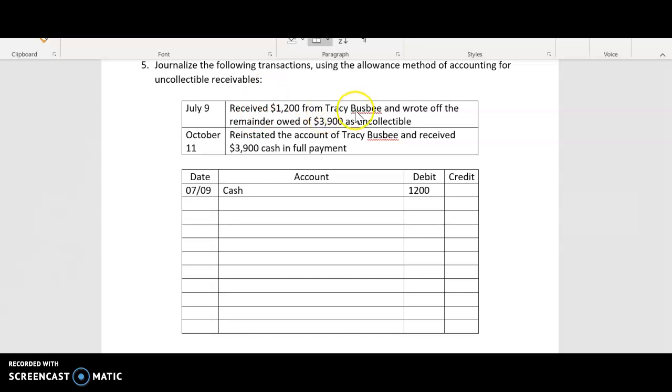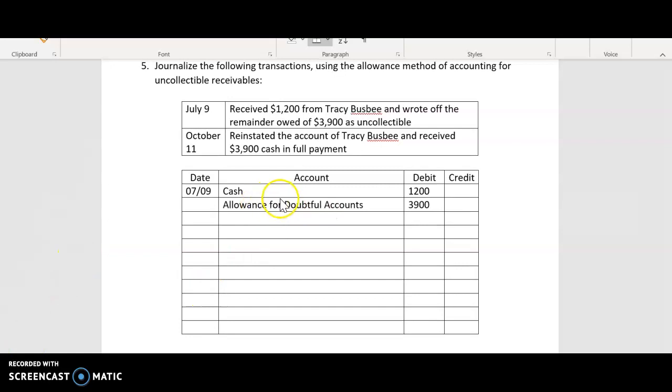We received $1,200 from Tracy Busby, and we're using the allowance method. So we're going to debit cash still for $1,200 because we received cash. But for the amount that we're going to write off, we're going to debit the allowance account. So we're going to use up some of our bucket here. So we'll still get rid of our accounts receivable for the portion we received and the portion we wrote off.